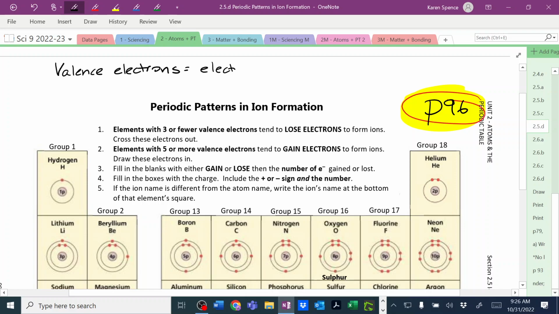They are electrons in the outer shell. Okay, so there are electrons in the outer shell. The other word we can use for outer shell is valence shell.